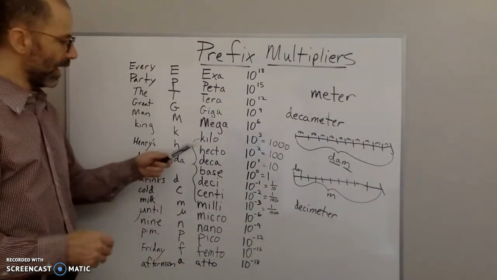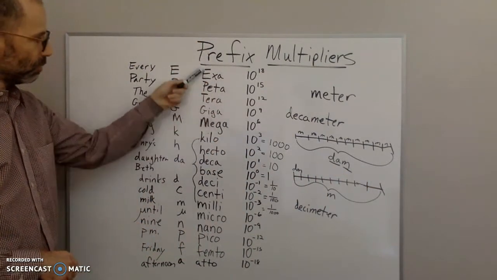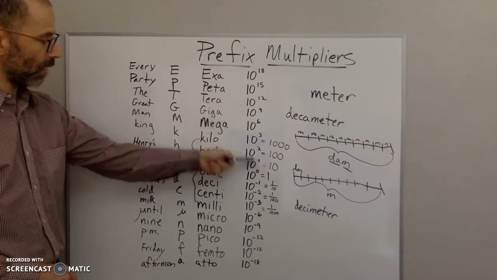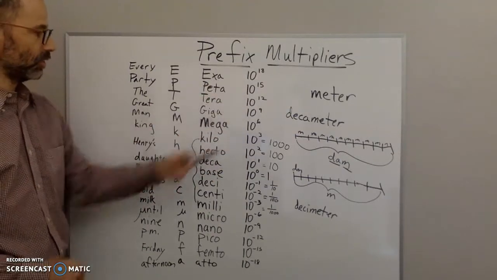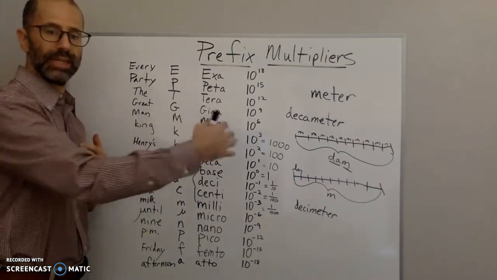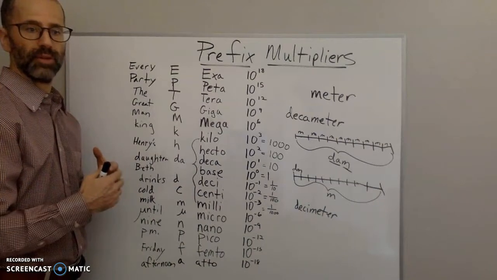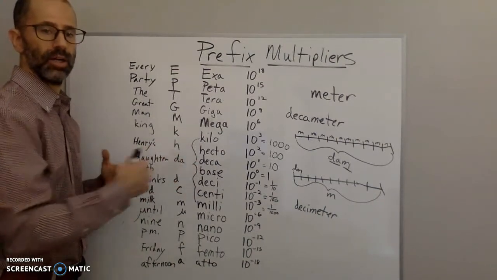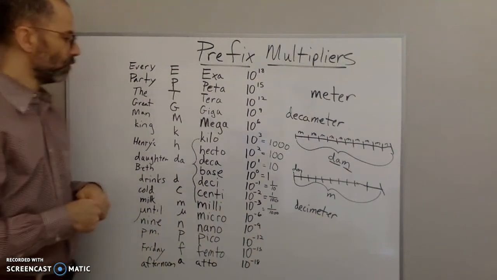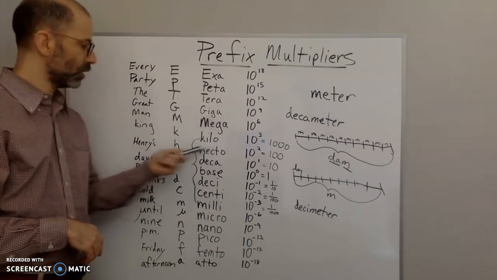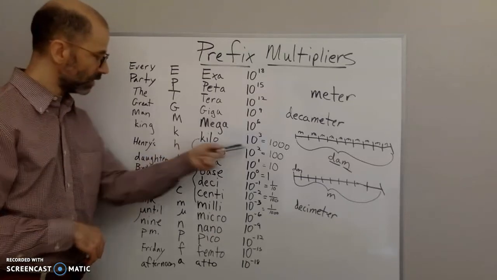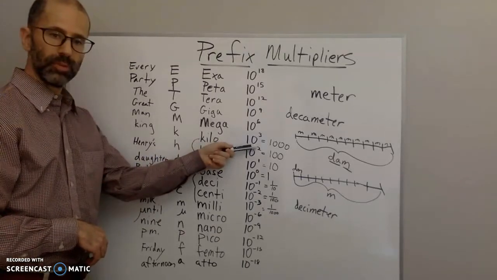Okay, so any of these prefixes here that have exponents or powers of positive values, I'm going to be increasing or multiplying by that number to make my unit longer by multiplying the base that many times. So if I wanted to convert to kilometers, you have to look at the prefix multiplier.